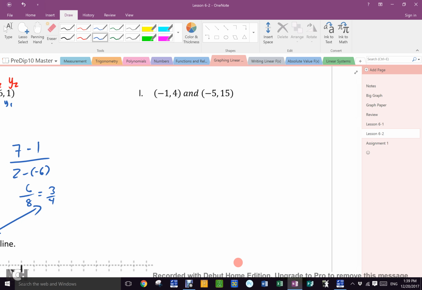10, 9, 8, 7, 6, 5, 4, 3, 2, 1. Negative 11/4. Oh, I always put the y on top. But y over x, why would they do that to us? 15 minus 4 is 11. Negative 5 minus 1 is negative 5 plus 1, which is negative 4.